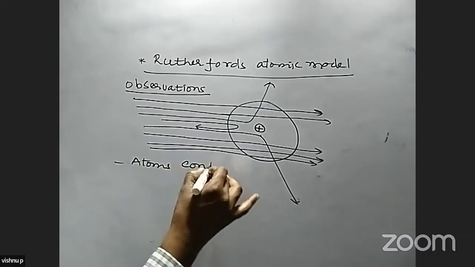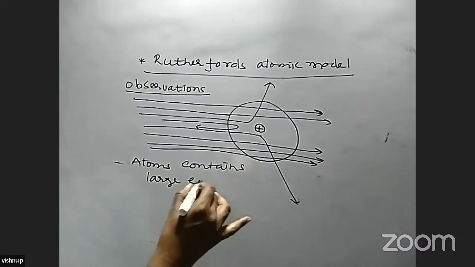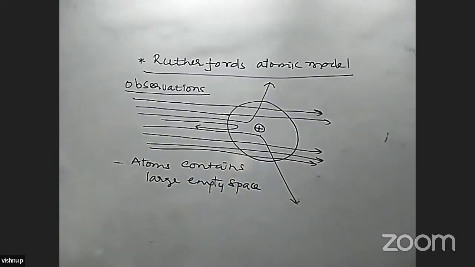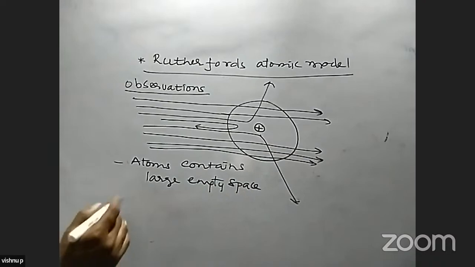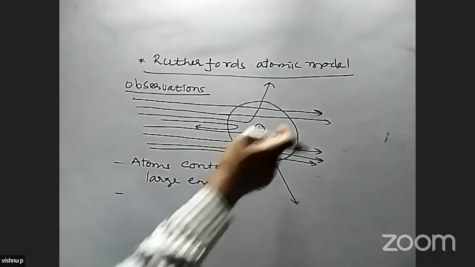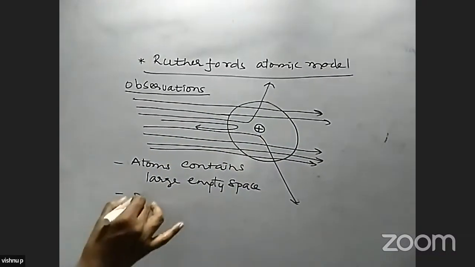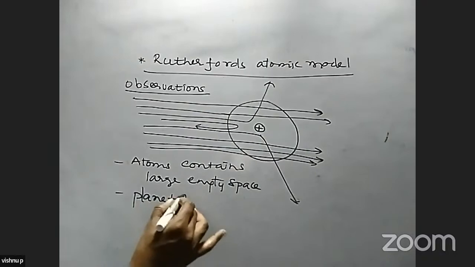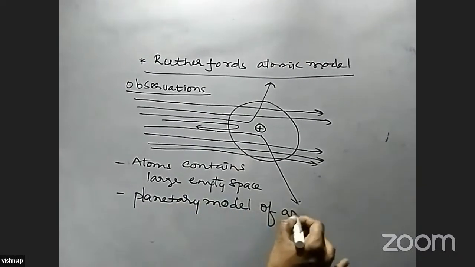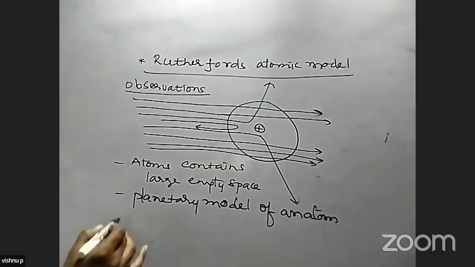So from these observations, he explains that the atom contains a large empty space. Next, electrons revolve around the nucleus in orbits, like planets revolving around the sun. So it is called the planetary model of an atom.